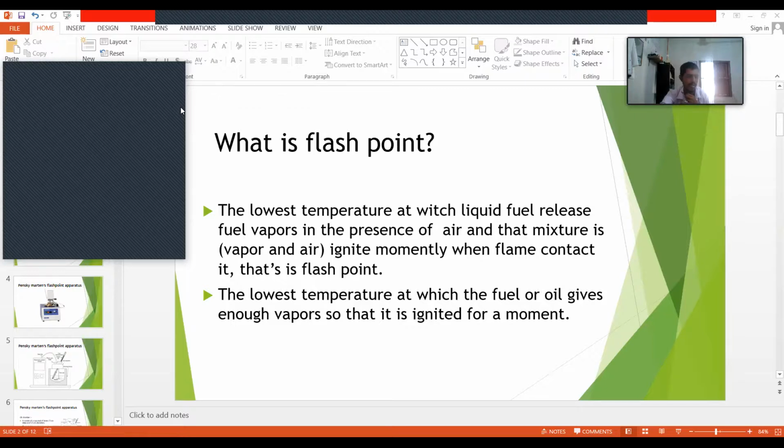Then only those things can we use to find out the flash point. If it is not burning, then we don't need to look into the flash point, right? Because we check the flash point for safety, right? For safety. Please mute your mics.